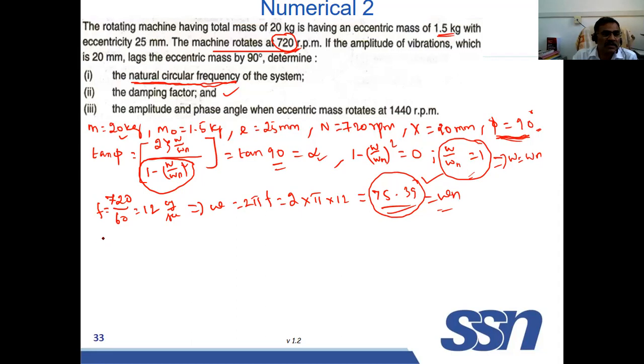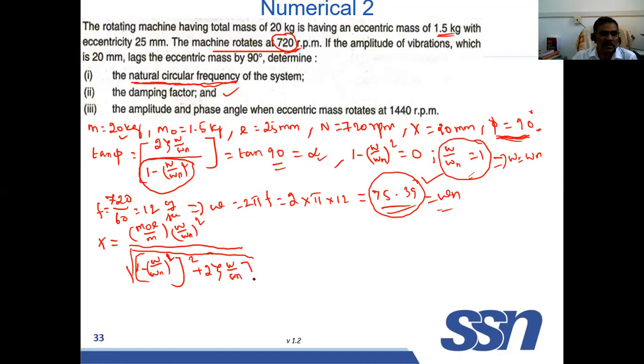So now x can be written as x is equal to m naught E divided by m into omega by omega n the whole square, divided by root of 1 minus omega by omega n the whole square plus 2 into psi into omega by omega n. So this is the equation.